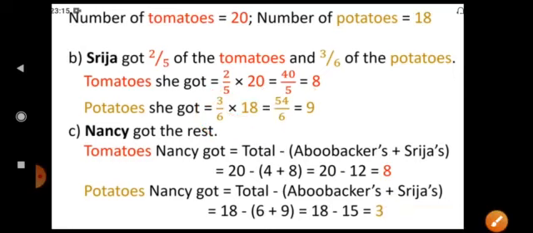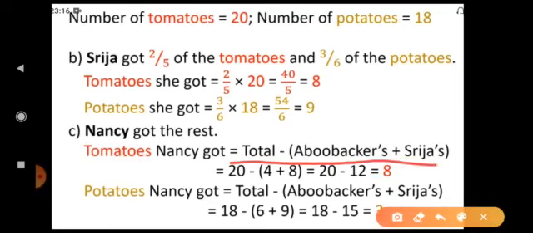Now see, Nancy got the rest. So now we want to find out the number of tomatoes and potatoes Nancy got. Here we can solve it like this: total minus Abu Bakar's plus Srija's part.